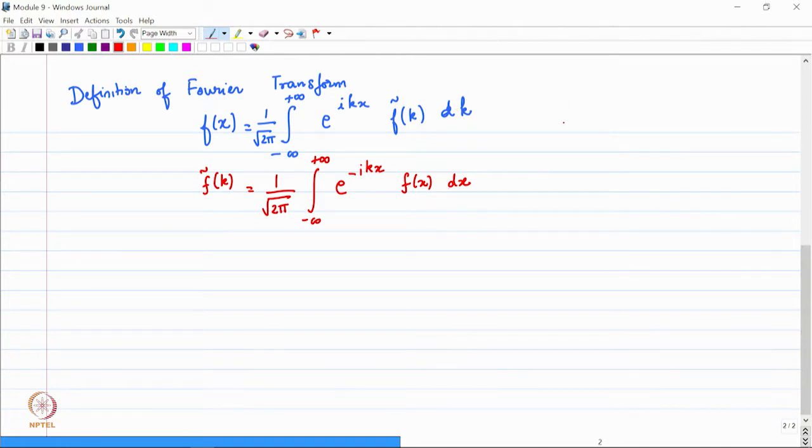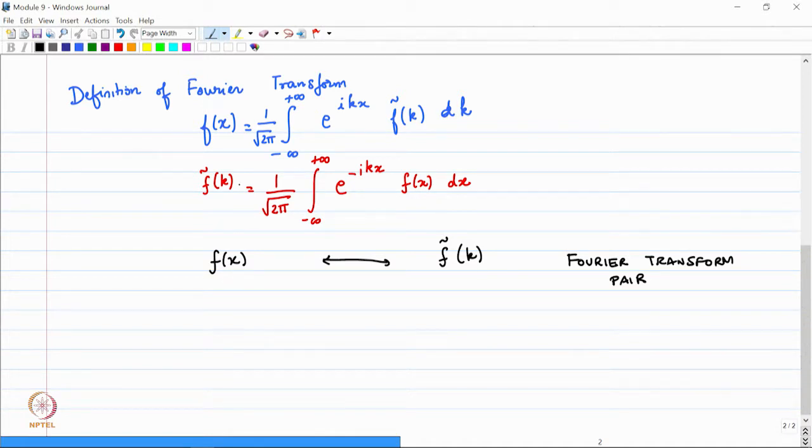So, this f of x and f tilde of k constitute a Fourier transform pair. That is, f of x is the Fourier transform of f tilde of k, and f tilde of k is the Fourier transform of f of x.